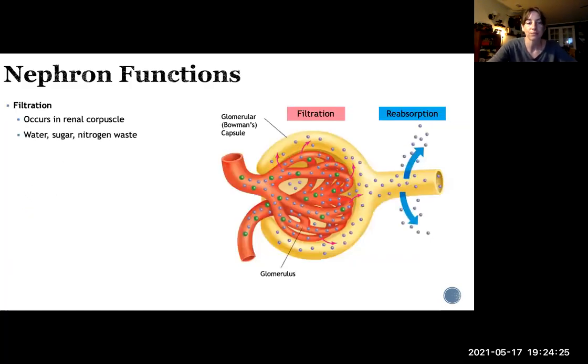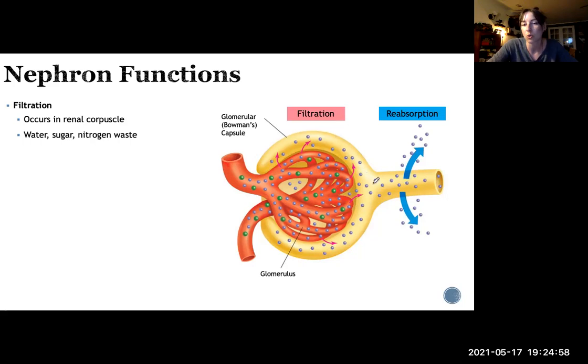Pretty awesome. Okay, so let's go into a little bit more detail about the filtration, reabsorption, secretion, and excretion portions. So the filtration, again, occurs in the renal corpuscle, okay? That is the pulling of the plasma, and all of the stuff that's in it, which is going to be these little purple beads here, out of the glomerulus and into the capsular space within the glomerular capsule.